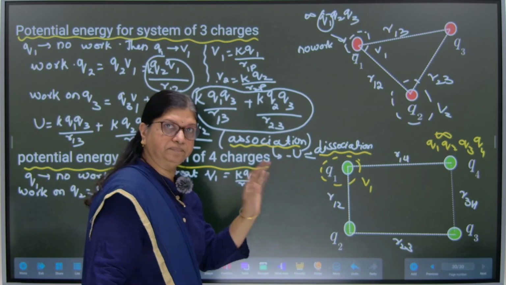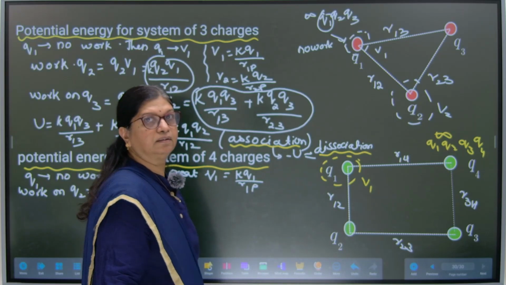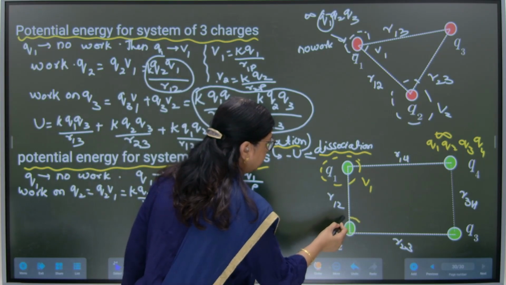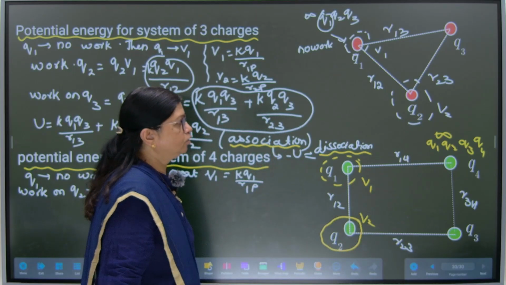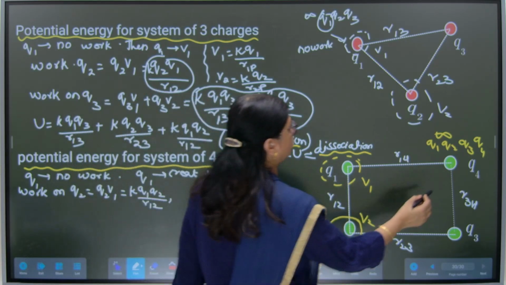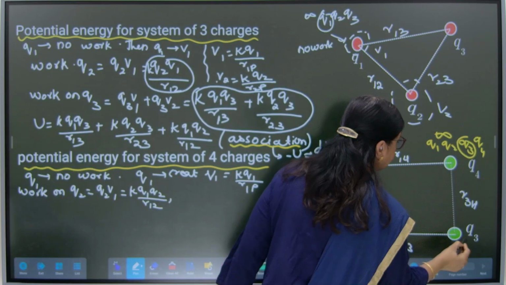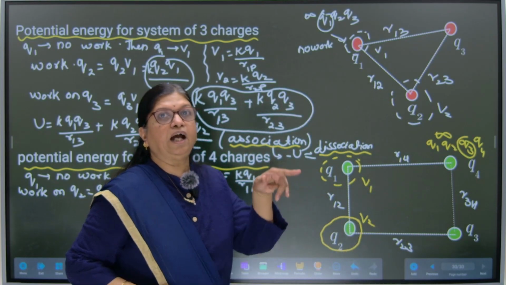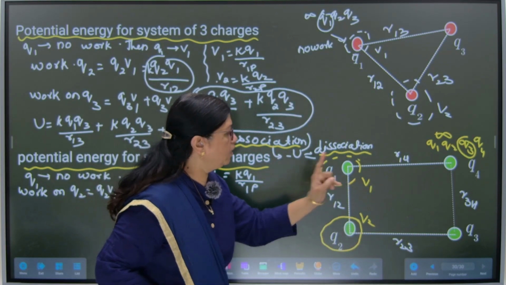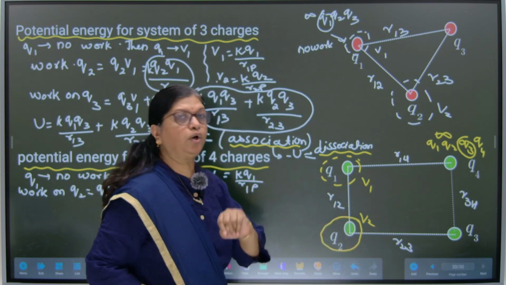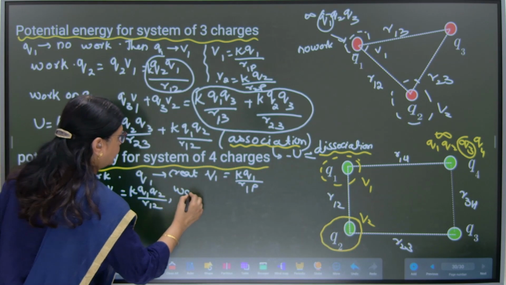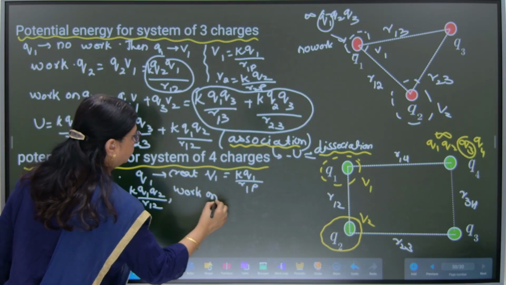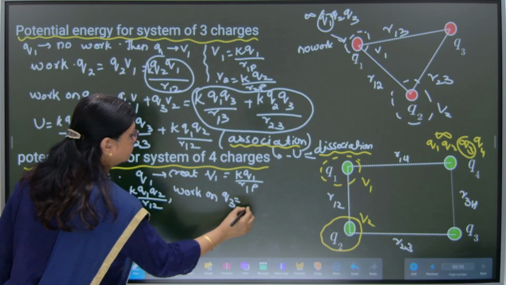Q2 also came, so Q2 is ready with its own V2. So while bringing Q3 to this position, I have to do work against V1 also and V2 also. Okay. So work on Q3. How much?